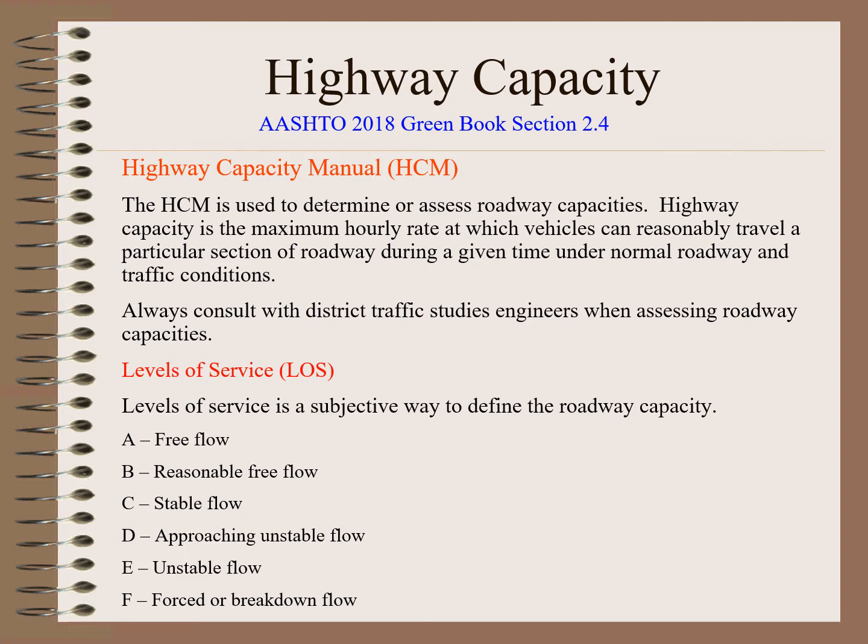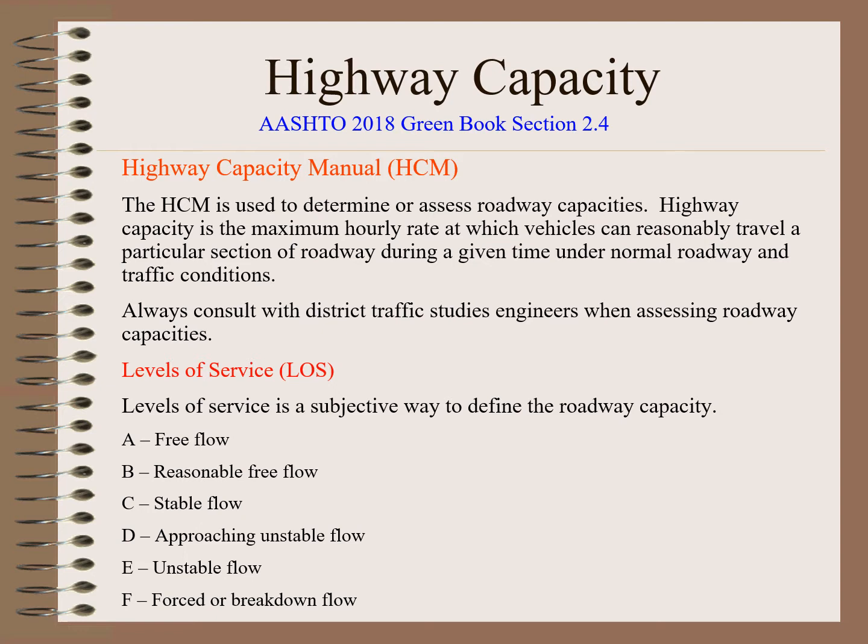Then we have level of service D, which is approaching unstable flow. That is when you are starting to notice a pattern that we may be here for a little bit. You're starting to see people slow down just kind of randomly.